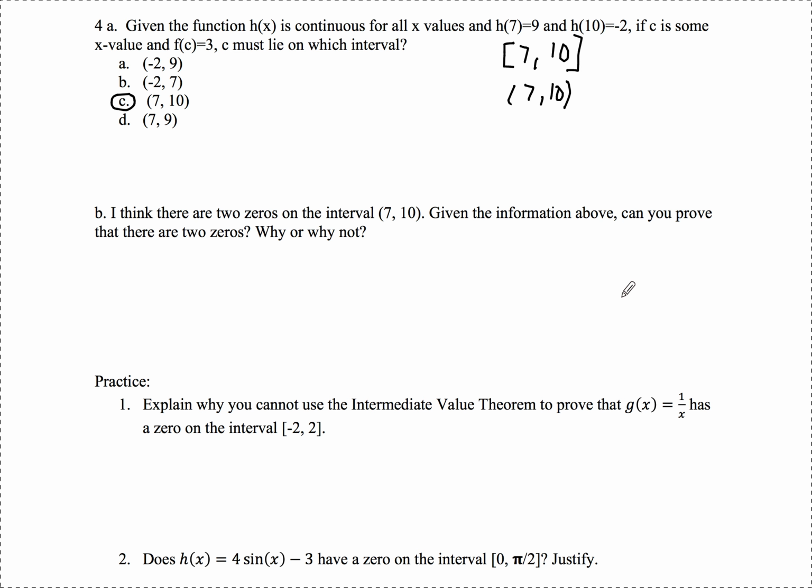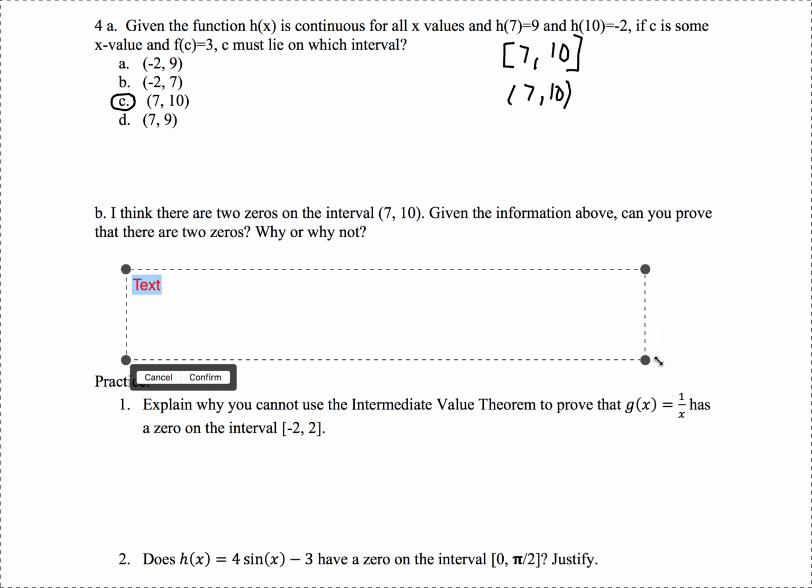B, I think there are 2 zeros on the interval 7 to 10. Given the information above, can you prove that there are 2 zeros? Why or why not? And this is actually one of the key things from the intermediate value theorem.